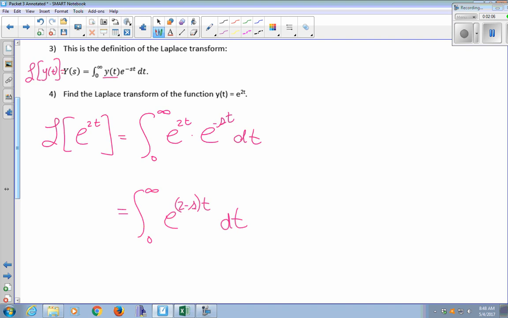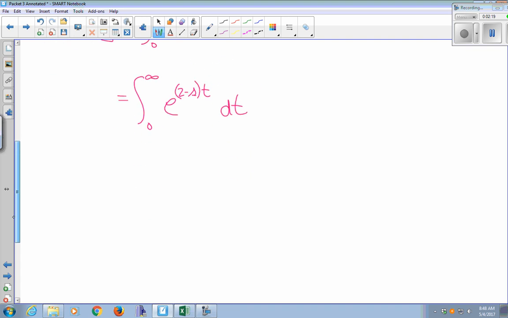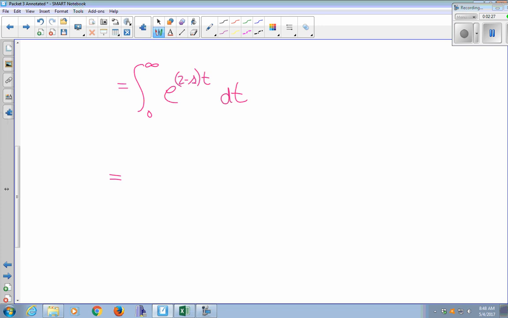And then how do you take the integral of this? It's kind of like we're doing the chain rule backwards, or doing a u substitution. I'm just not writing it all down, right? The antiderivative of e to the t is e to the t, so this is going to be e to the (2 minus s)t.